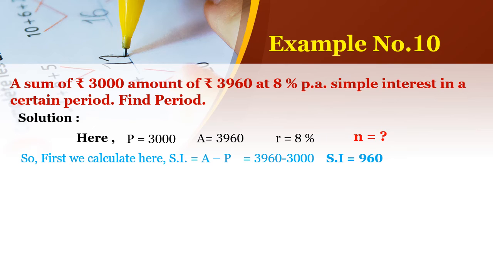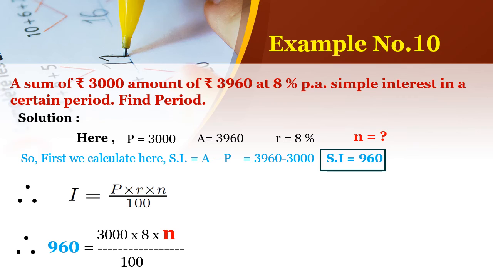If the amount value and principal value are given in the problem, then you can also solve this type of example. First you calculate the simple interest, meaning simple interest is equal to amount minus principal, then you get the resultant figure: simple interest is equal to 960. Using the simple formula, therefore I is equal to P into R into N upon 100, and put the values in the formula. 960 is equal to 3000 into 8 into N upon 100, because we find the N value.